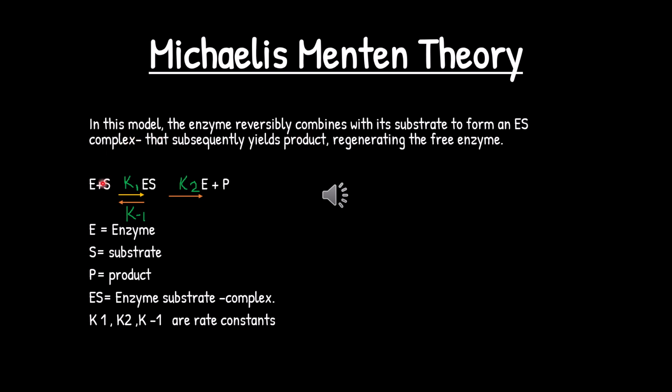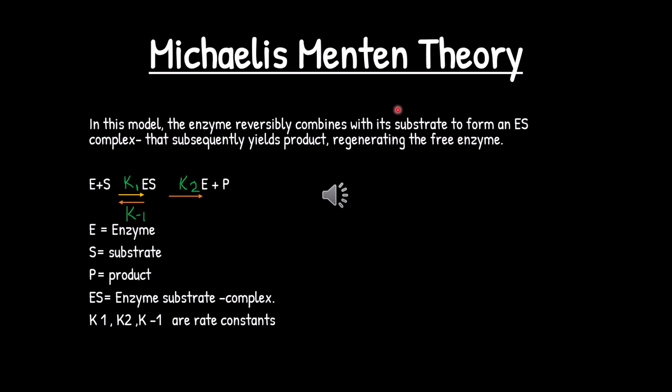According to this theory, the enzyme combines with the substrate to form the enzyme substrate complex, which splits into the product and regenerates the free enzyme. The backward rate constant of this reaction is very small, hence we ignore that. K1, K negative 1 and K2 are nothing but rate constants. We can see this in detail in the next video.